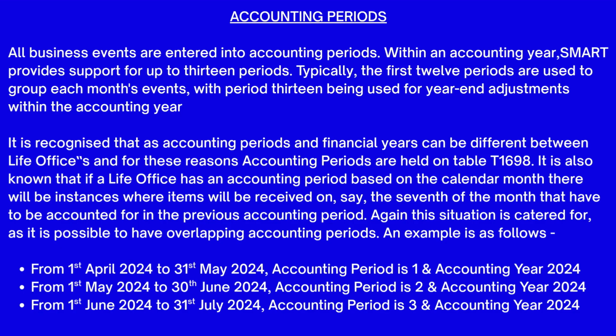From April 1, 2024 to May 31, 2024, accounting period is 1 and accounting year 2024. From May 1, 2024 to June 30, 2024, accounting period is 2 and accounting year 2024. From June 1, 2024 to July 31, 2024, accounting period is 3 and accounting year 2024.